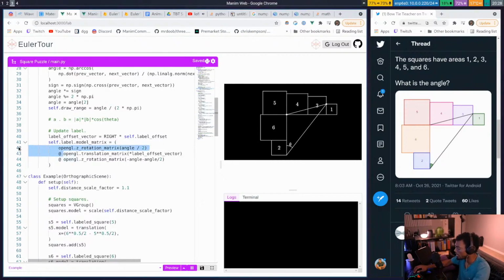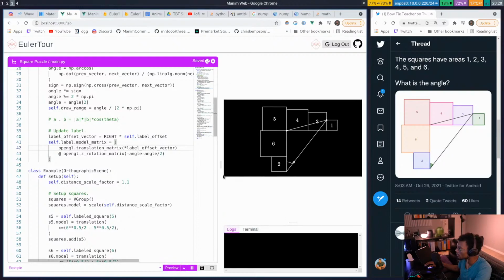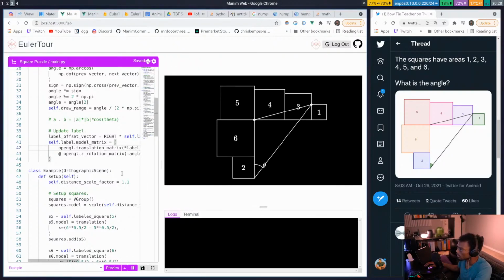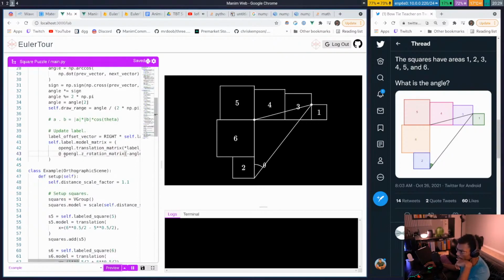I'm gonna go back to here. And when this is just minus angle, here it's right side up. I think, pretty sure.